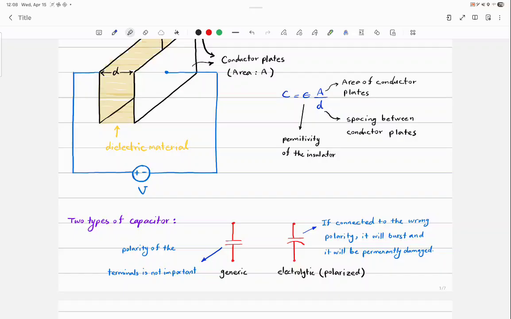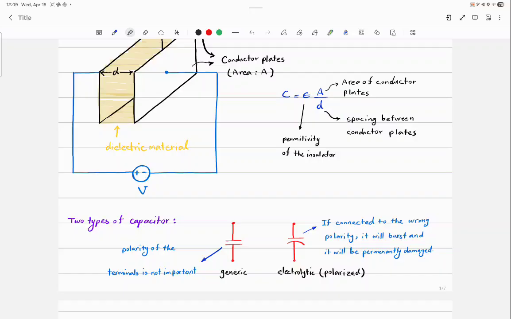But we also have a class of capacitors called electrolytic or polarized capacitors. If you put them in the wrong direction, with the wrong polarity in your circuit, they will be permanently damaged. There's a chance that they will blow up if they are very large and you are very close to your circuit.